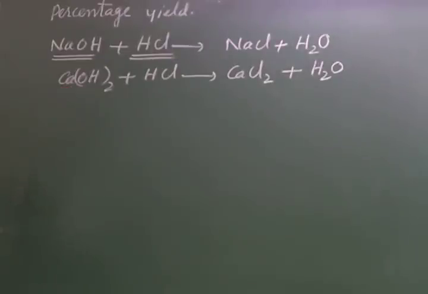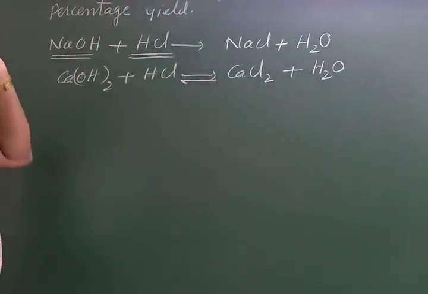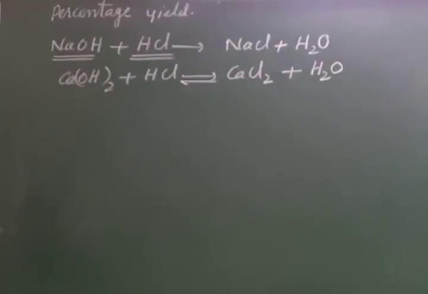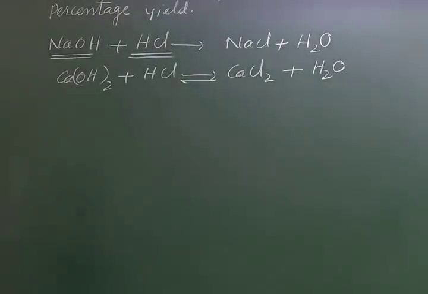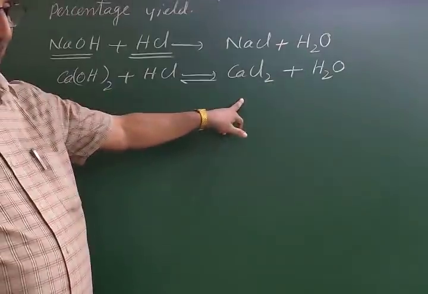Calcium hydroxide doesn't dissociate completely in its aqueous solution, so the reaction goes a little bit backward. So it is actually a reversible reaction, but the reaction goes to completion to a large extent. The reaction may go to 90% or 95% completion to form the products, but it's not 100% completed.